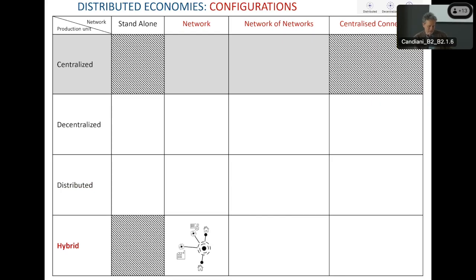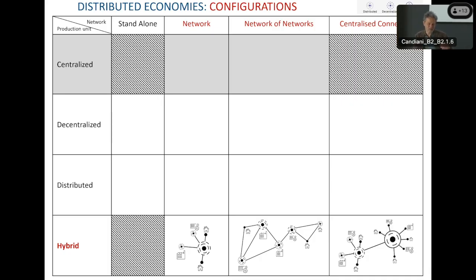Finally, we have hybrid systems. So we may have something that is decentralized, but partly distributed, because I'm anyhow collecting some energy from my roof, or I'm doing something like this. And this could be connected in a network, and it could be a network of networks, but it's not just decentralized or distributed.